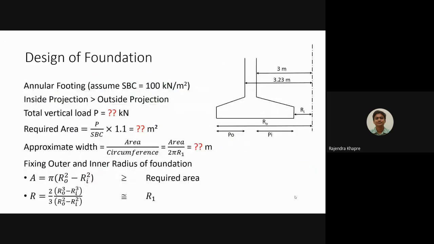So let me note down this value, 2350.11 kilonewton. I hope this is clear to everybody. Now coming to the area of the footing which is required. Any queries?